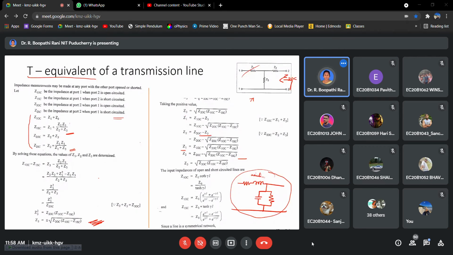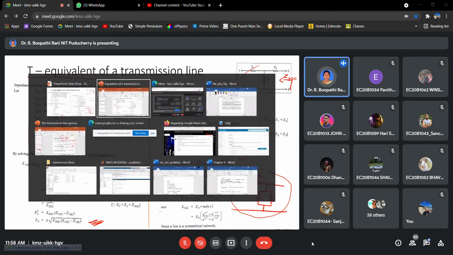We want the input impedance of an open circuited transmission line, and also the input impedance of a short circuited transmission line. Have we seen any formula for that? Input impedance of a transmission line, did we derive?